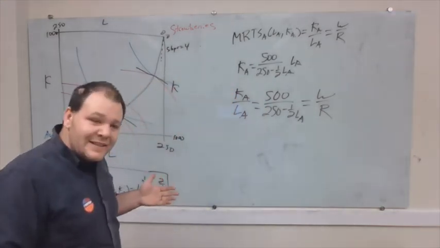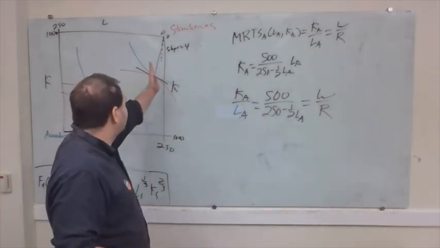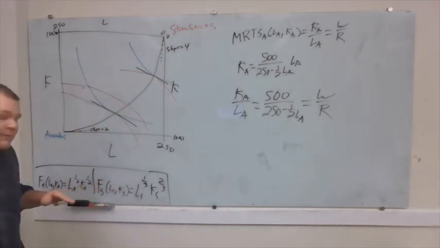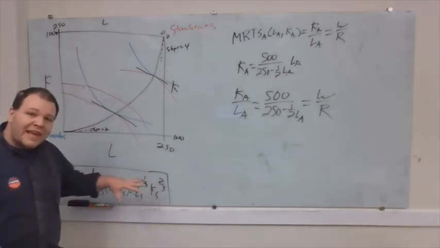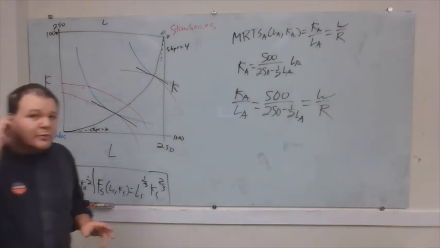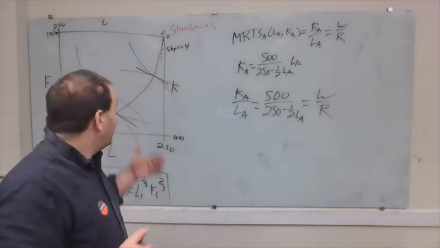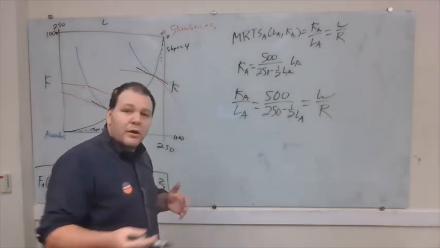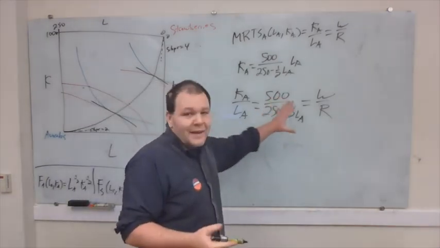And this makes sense, because as we're increasing production in avocados, we're shifting from strawberries, which are relatively capital intensive, to avocados, which are relatively labor intensive. As a result, the relative value of a worker compared to an acre of land goes up.